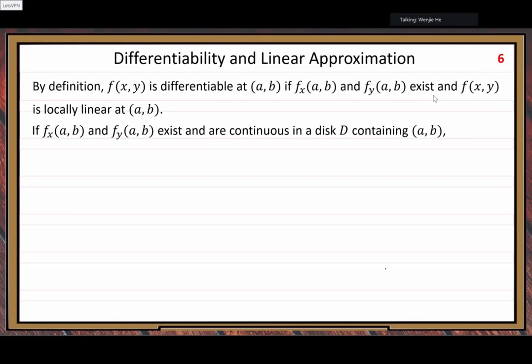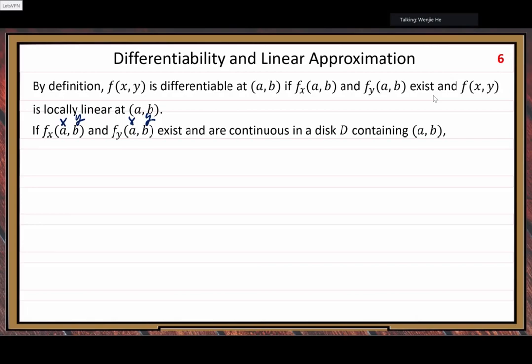Those two functions exist, and those two functions are continuous. You need to go back to x and y, the partial derivatives, but you should use the two variables x and y. Those two functions are continuous in that disk D around the point (a, b).